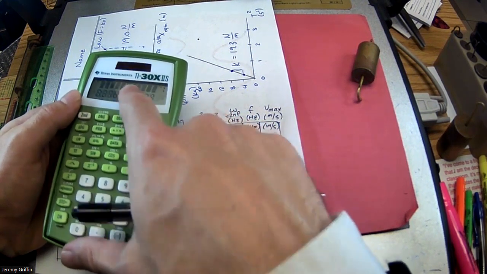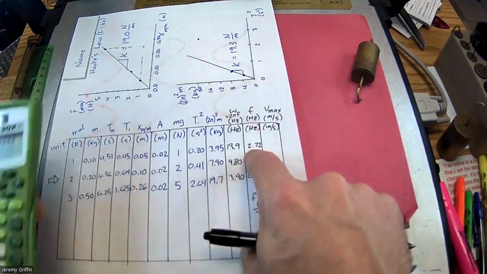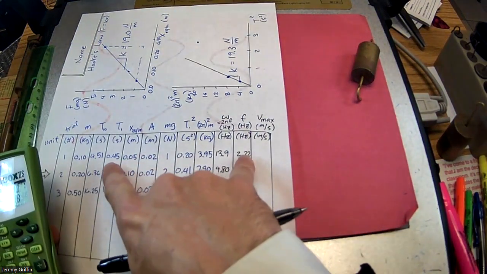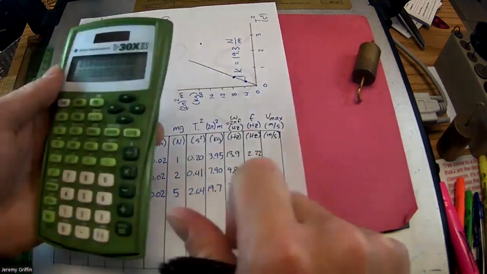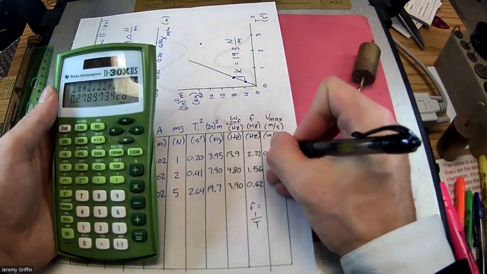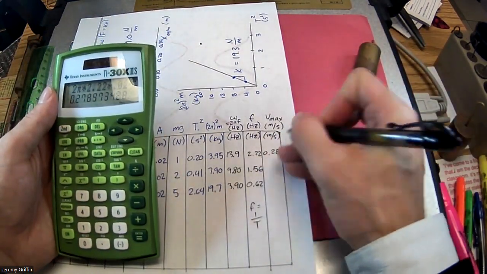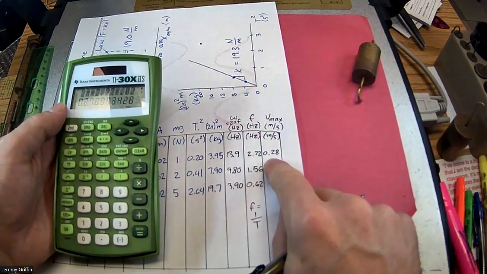The frequency is 2.22 hertz, which came from 1 over the time period. So that's 0.28 meters per second.